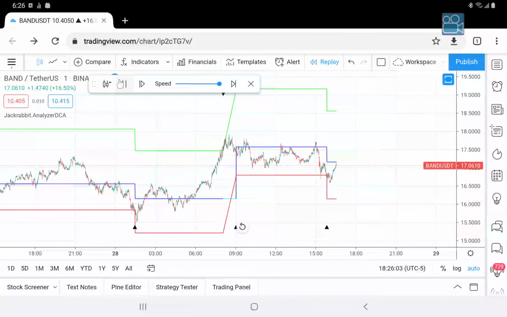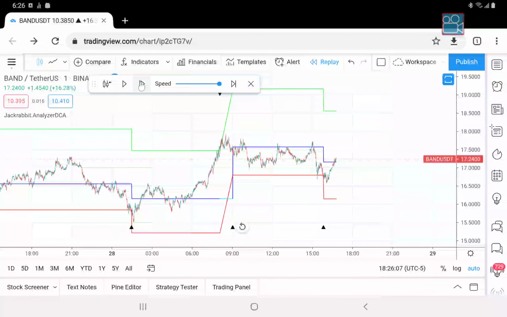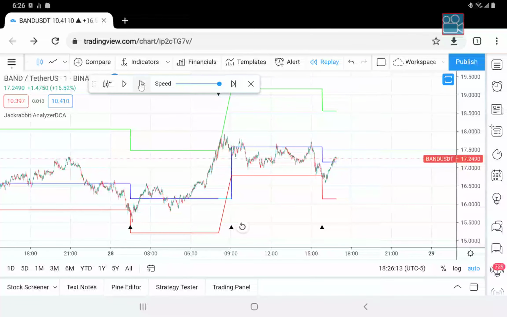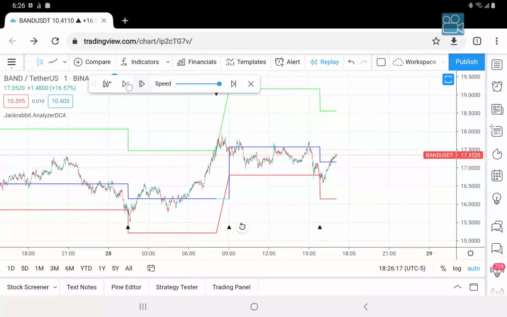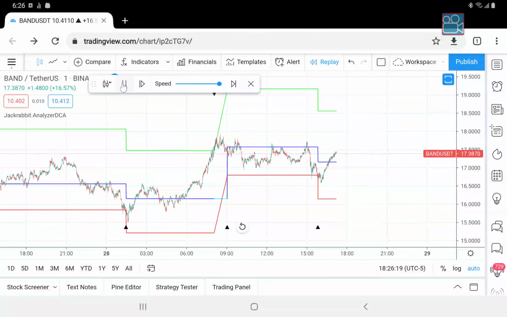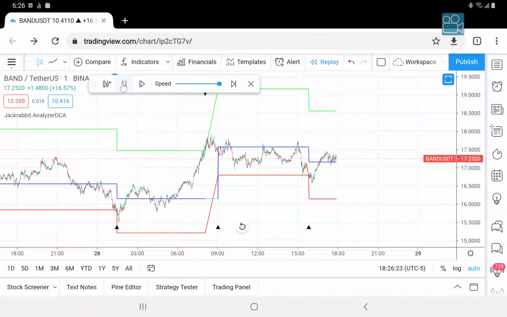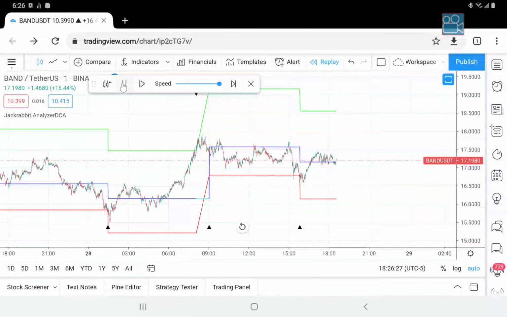Of course, you can also go bar by bar and click on it if you're looking for a particular situation. Or you can simply sit here and let it play out. So, play with the numbers.